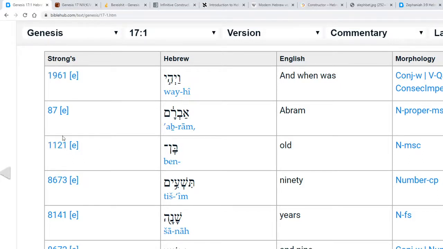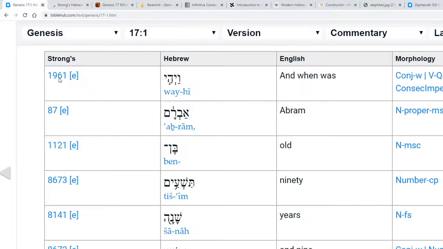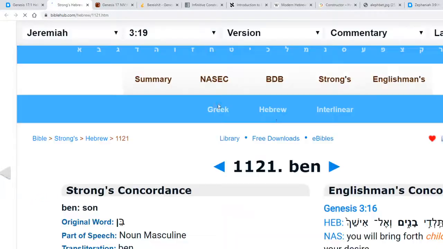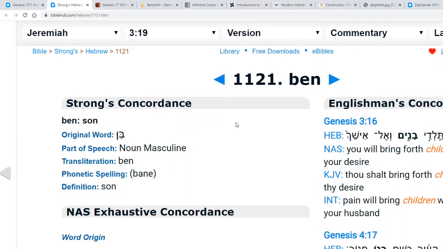And here, all the way to the left, is where the concordance is. So you can look at all the times that word shows up in the Bible, and it has a lot of notes on the word. So let's look at Ben. And the number is actually from Strong's Concordance. So all the roots are numbered. Now, there are different concordances. I don't always agree with the concordance, but Ben generally means son.